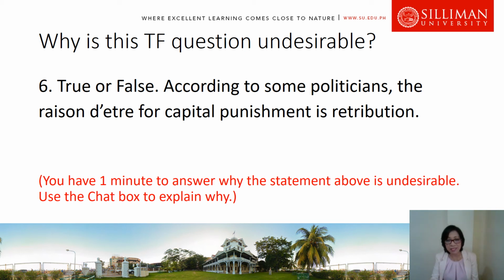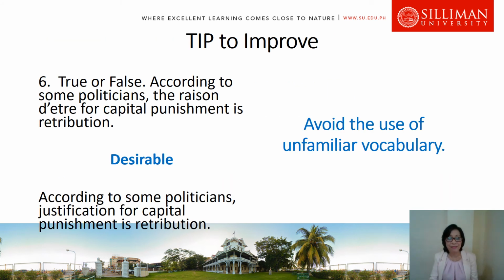More responses, please. I'm not going to give you points if you don't get it right. Okay, 4 seconds. And let's see. How can we improve that? You need to avoid the use of unfamiliar vocabulary.